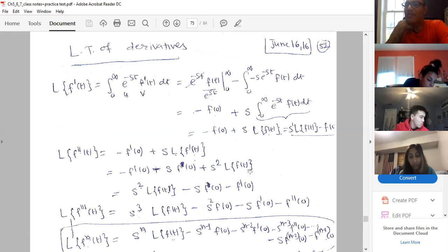Or if you want me to start the new article, I don't mind. This is the Laplace transform of derivatives. I don't want you to get confused right now. I just want you to work on Laplace and inverse Laplace transforms. Is it okay? Or if you want, I can continue. It's up to you. What do you prefer, guys?